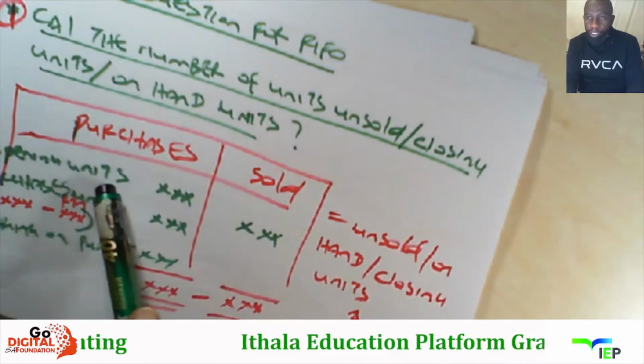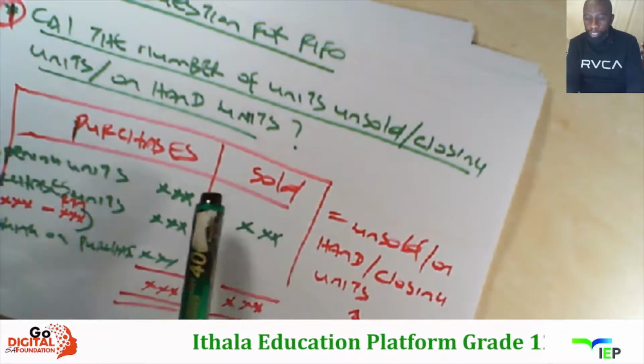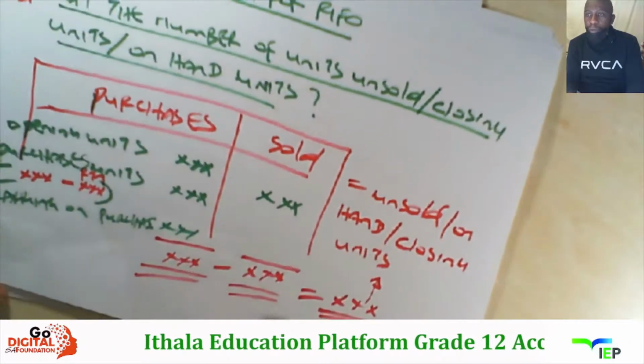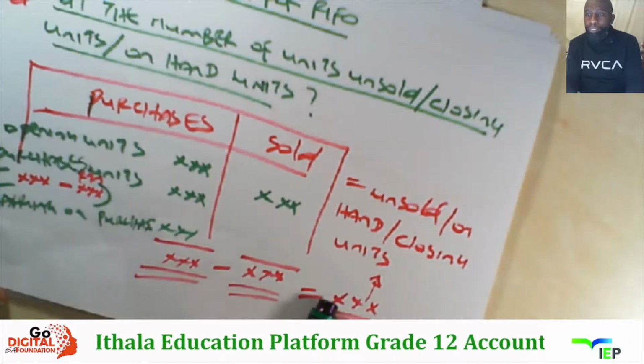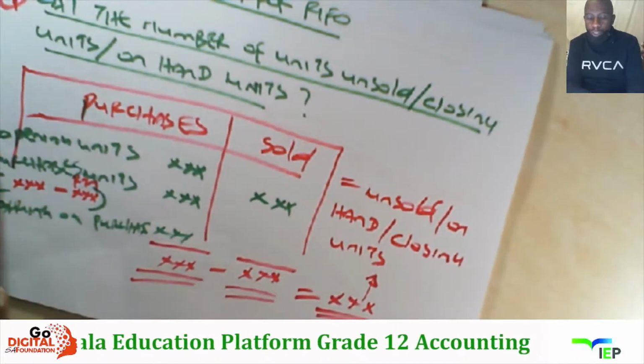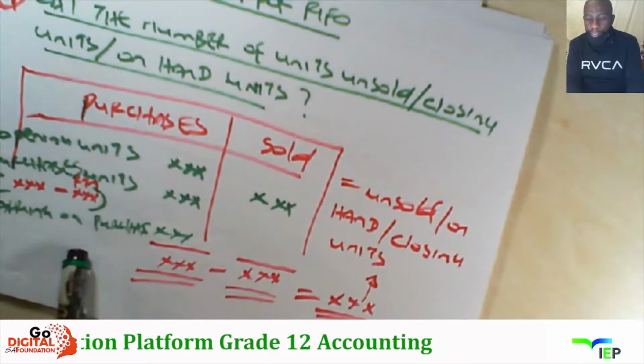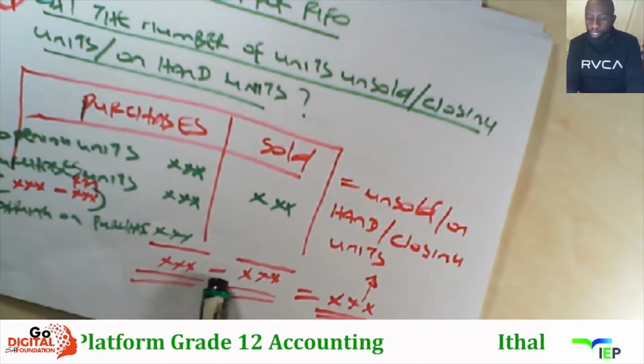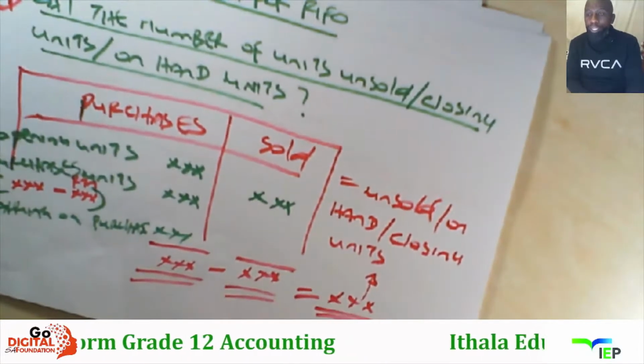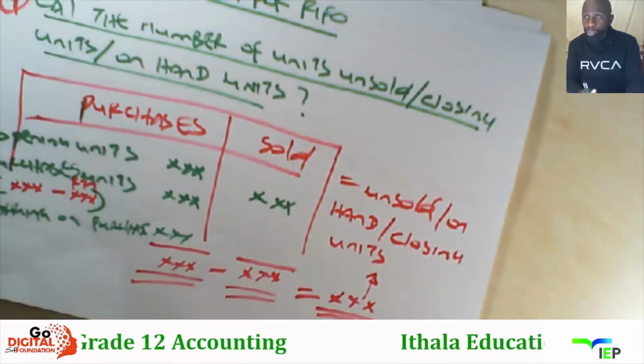You have to say purchases minus the sold, right? And therefore you get your answer there. Okay, so you have to say opening stock, purchases less returns minus the sold. The difference between these two, that's the number of units unsold.